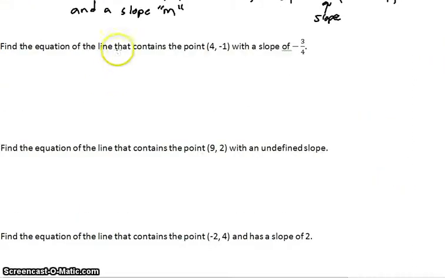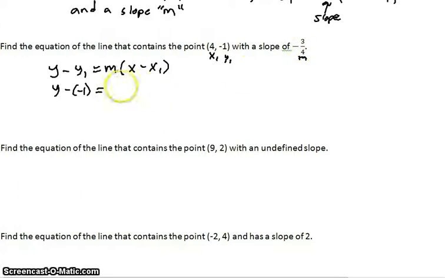So it says, find the equation of the line that contains this point with a slope of -3/4. So here's my point, here's my slope. So in terms of the equation, y minus y1 equals m times x minus x1, I'm going to plug in -1 right here. I'm going to plug in my slope. So I'm going to plug in -3/4.